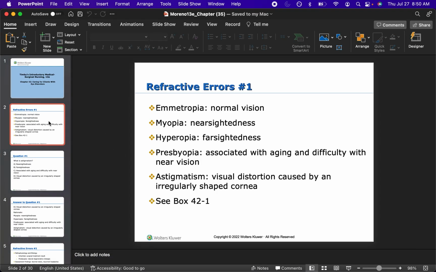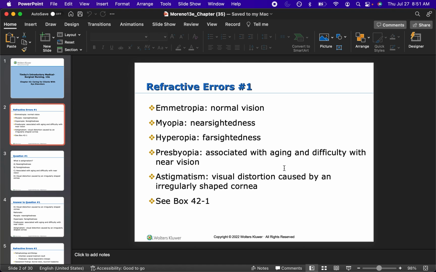All right. So these are just some vocabulary, different words that you might hear. Normal vision. Myopia is nearsightedness, hyperopia is farsightedness, presbyopia is associated with aging and difficulty with near vision.